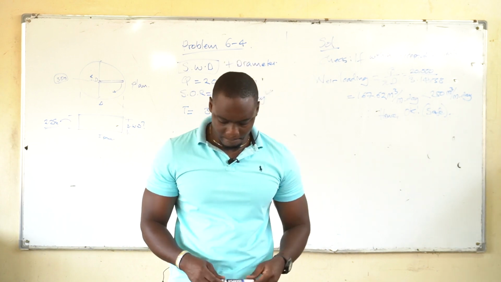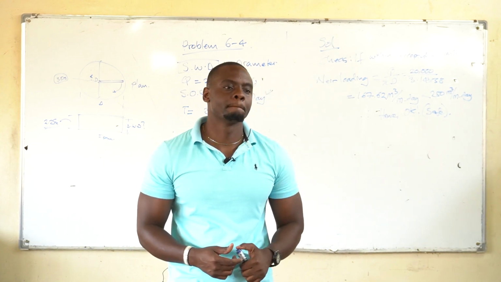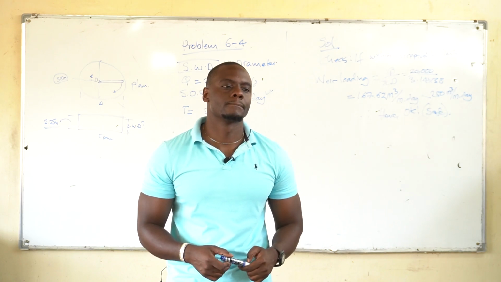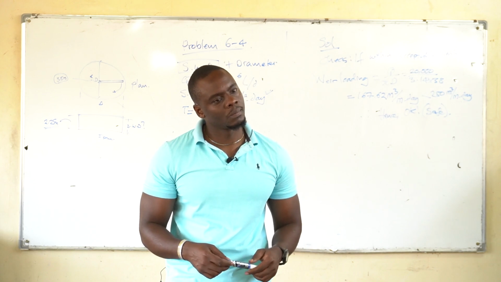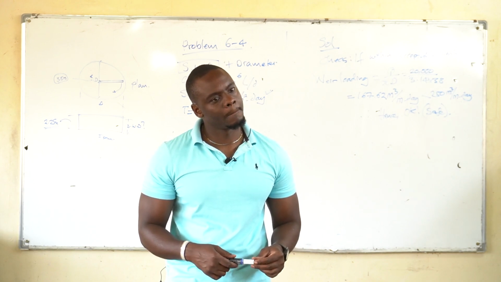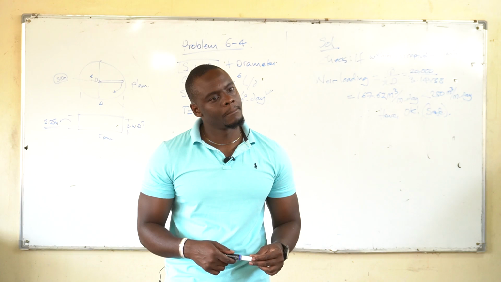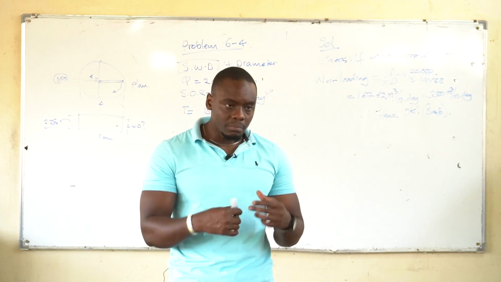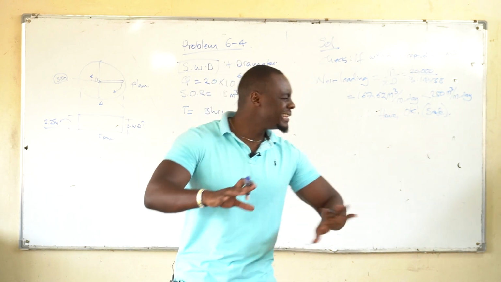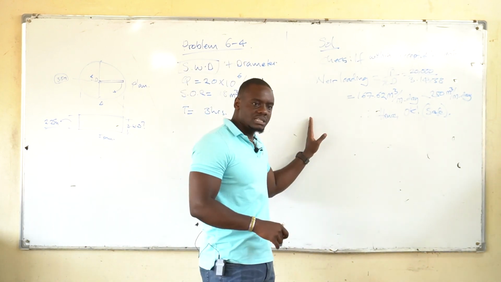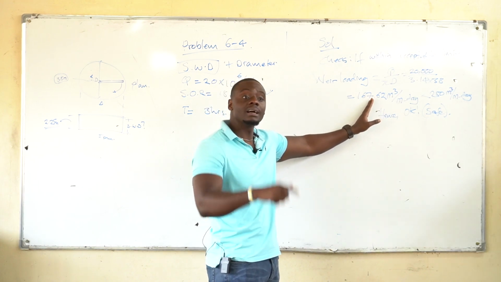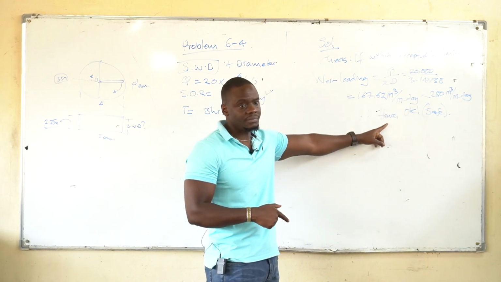Yes, madam? Like the minimum it can go to, like a lower value. Well, in this case, it doesn't really matter how low it is. It could be even like 1 cubic meter per something, as long as it's less than 250.